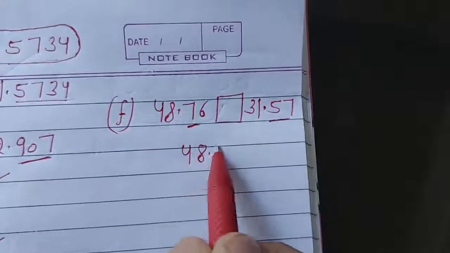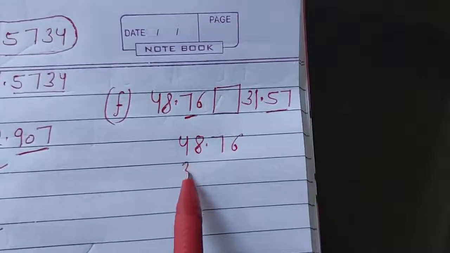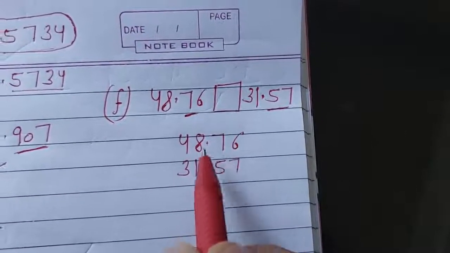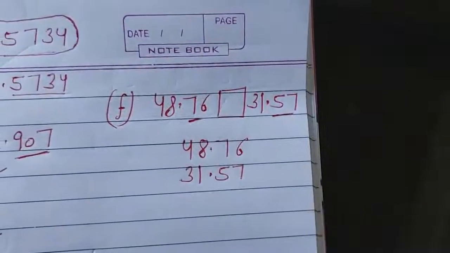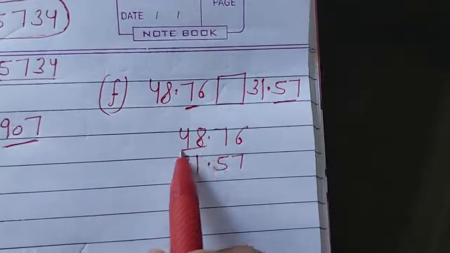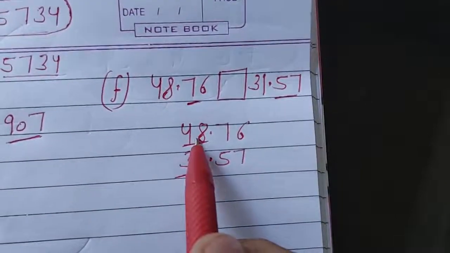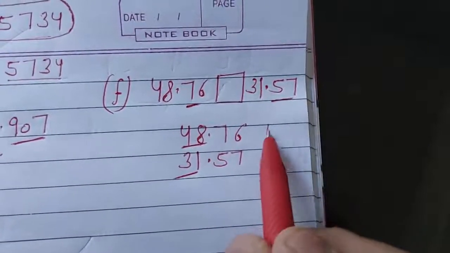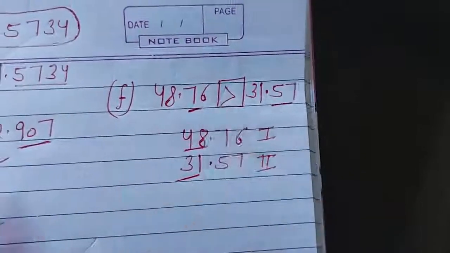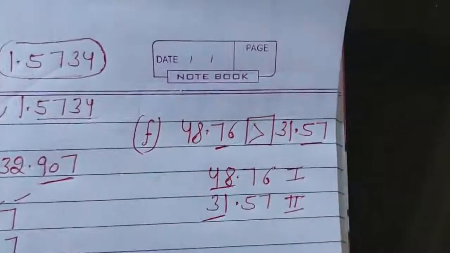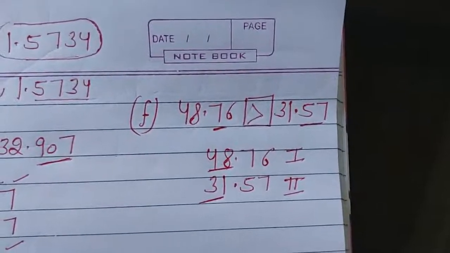Write one number above and write one number below, decimal below decimal, then digits after the decimal, digits prior to the decimal. You check, it's 48, it's 31. 48 is bigger or 31 is bigger? 48 is bigger, you know, and 31 is smaller. So 48 is bigger than 31. So what we are doing here, we are comparing the two numbers.